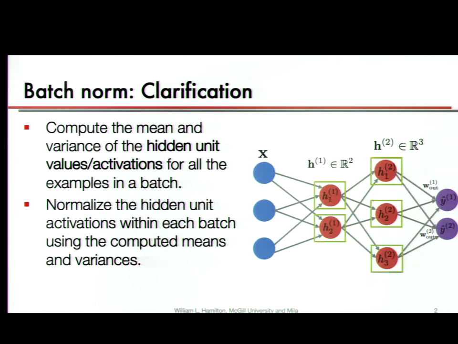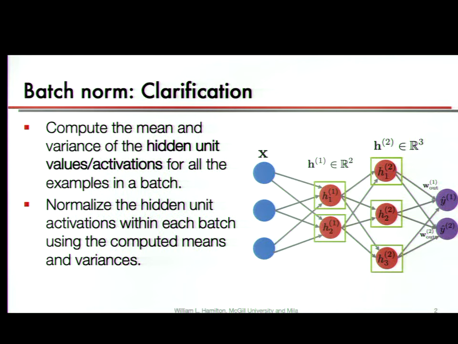The other thing I want to quickly clarify, which a couple of people asked about after class, is partially due to the notation I was using in the batch norm slides, which was from previous versions of these lectures. With batch normalization, the key idea is that we're normalizing what are called the hidden unit activations, by which I mean the values of the hidden units. We take the input, transform it by some linear function, and get some hidden unit values, sometimes called the activations.